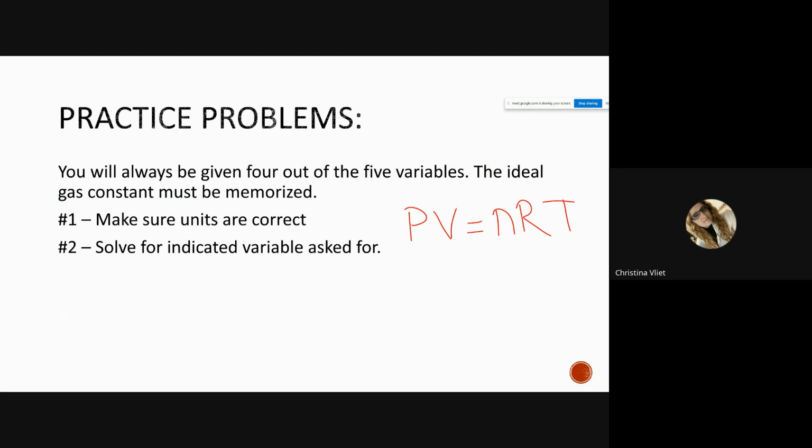One of these 5 you always have. Which one? R. You always have R. It is always 8.31. You will never be solving for R. Which means the question's either going to ask you to solve for pressure, for volume, for moles.